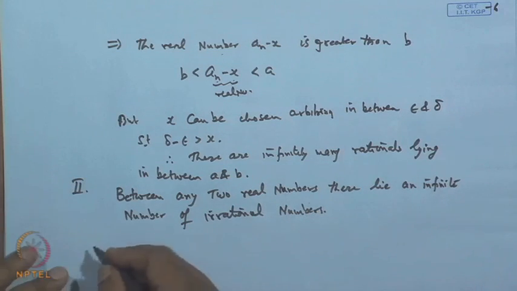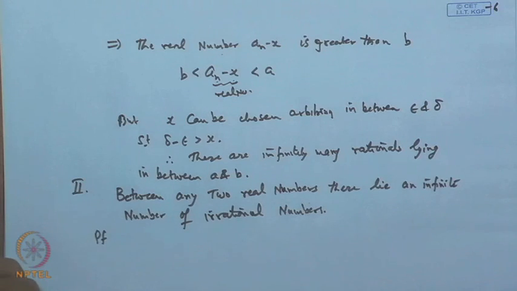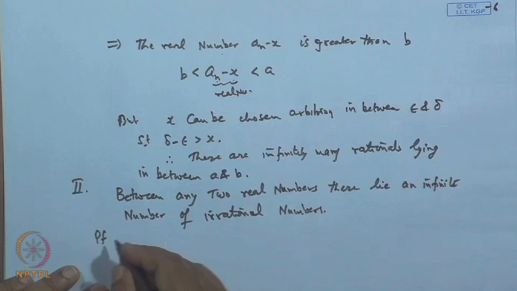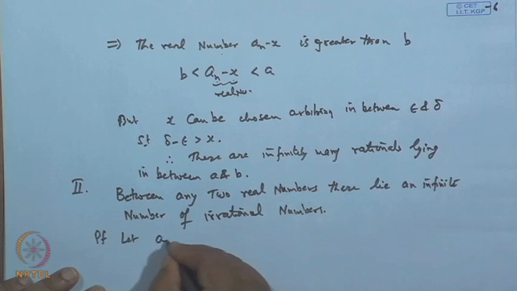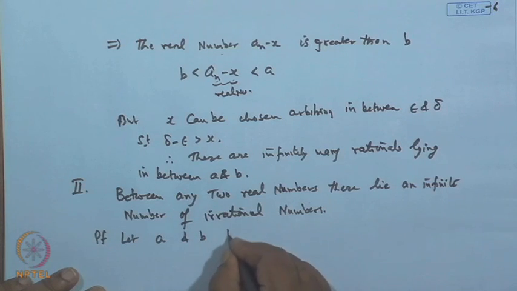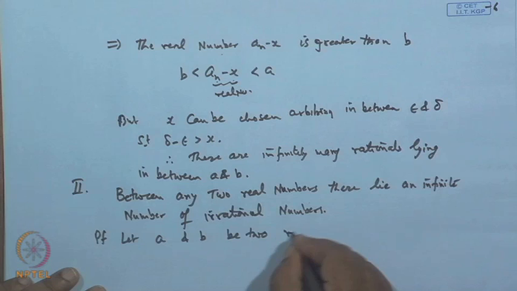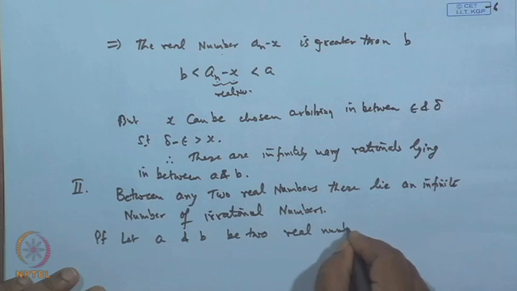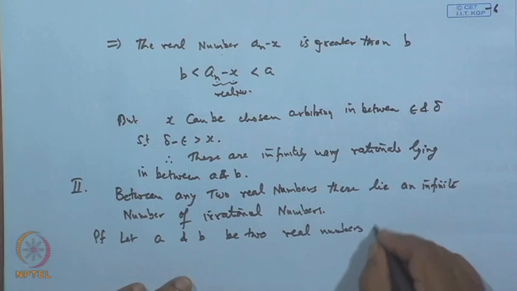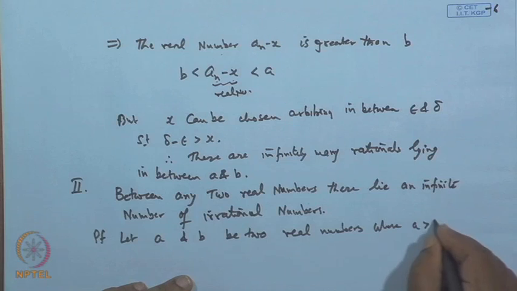Okay. So, there lie an infinite number of, the proof is very simple. Just suppose a and b are the two real numbers, where a is greater than, say, b.